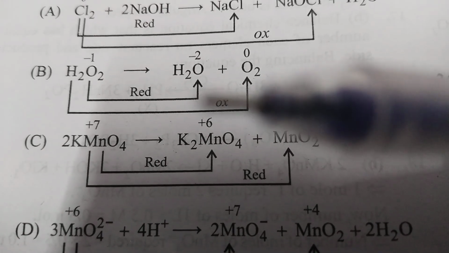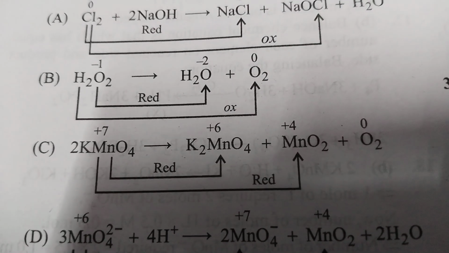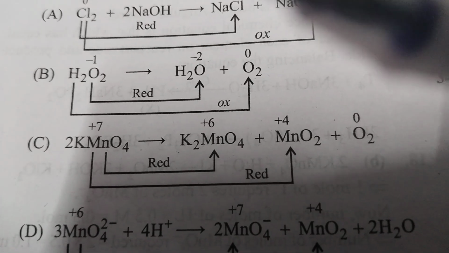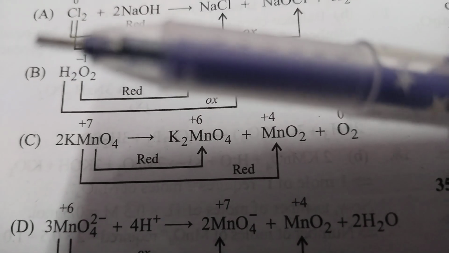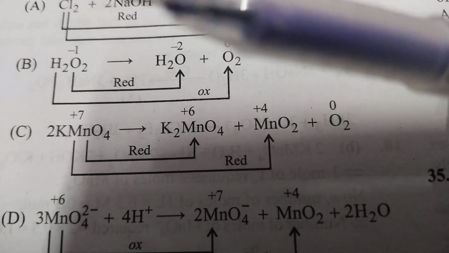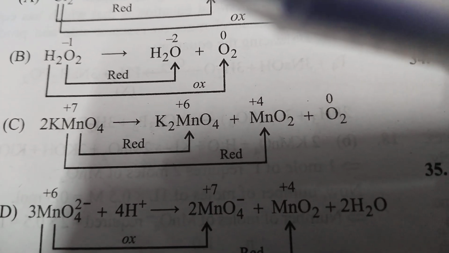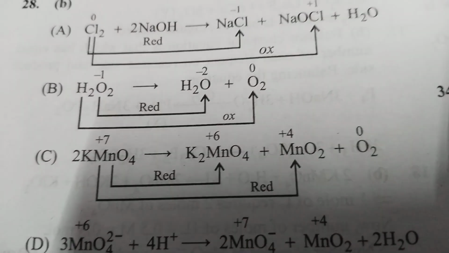So the same element in a chemical reaction undergoes both oxidation and reduction. That reaction is said to be a disproportionation reaction.